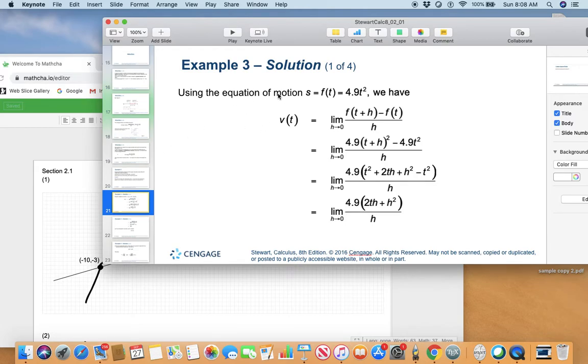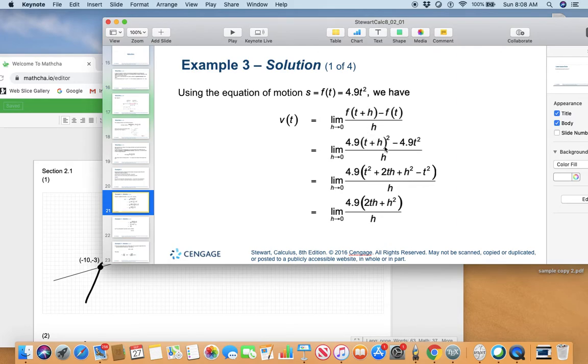Now, the equation of motion is given by f(t) equals 4.9 t squared. So you are looking at the velocity function, the limit as h approaches 0 of f of t plus h minus f(t) over h. So you are going to plug in t plus h where you see t. So replace t by t plus h.